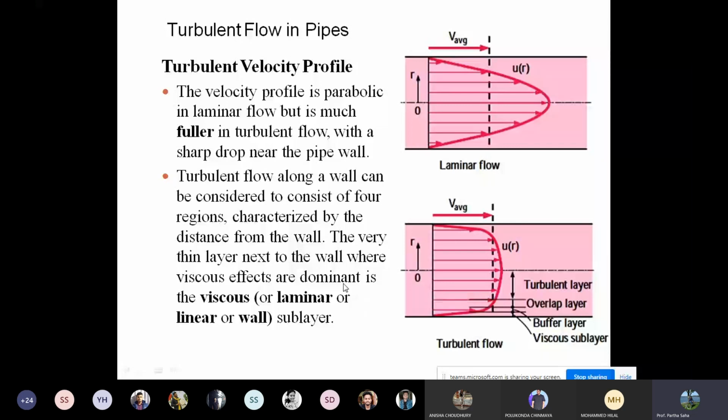If you remember, when Osborne Reynolds derived the expression for the Reynolds number, he talked about the Reynolds number being nothing but the inertial force over the viscous force. So obviously, if viscous force is the dominant force, the flow will be streamlined or laminar in nature. The velocity profile in this layer is very nearly linear and the flow is streamlined.